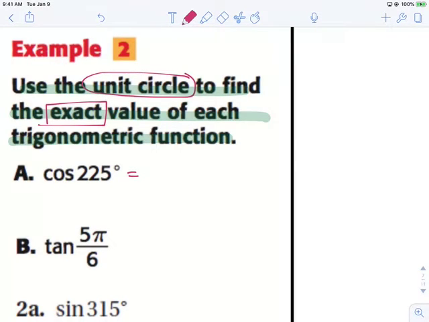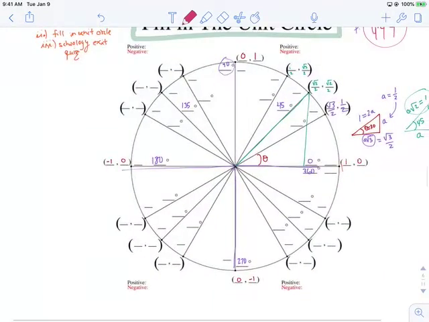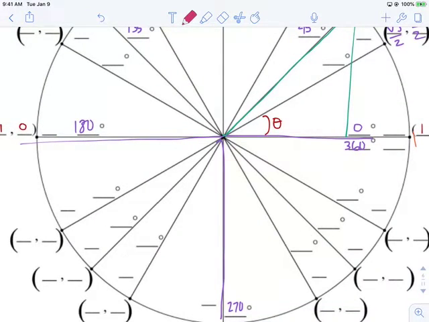Well, I'm going to just remind myself that cosine is an x value, so I'm going to be looking at the x value for the degree 225. Let's go check. 225, well, 180 plus another 45 would get me to 225.